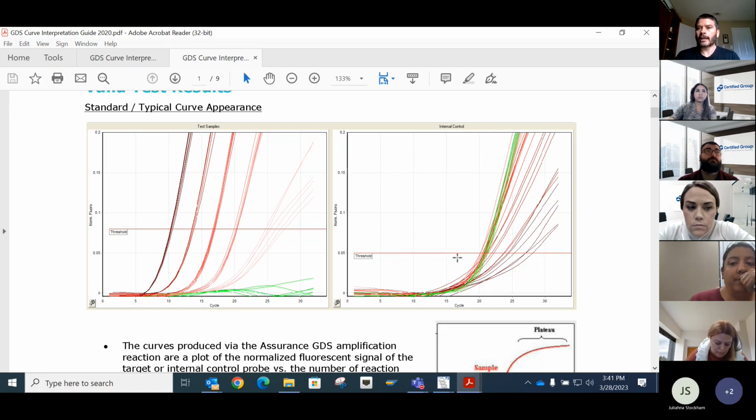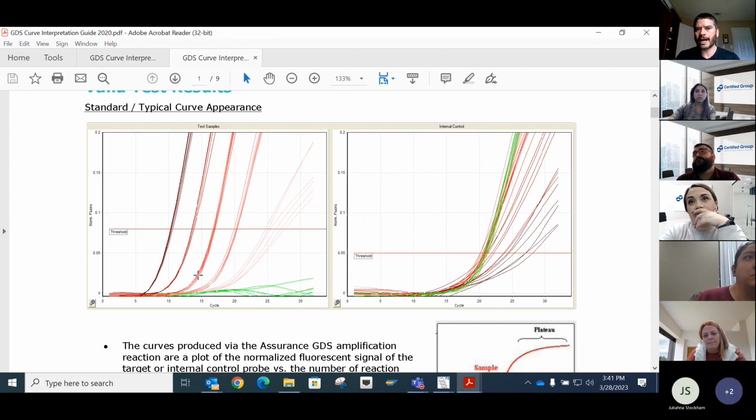There is a threshold line, but the main thing to remember is that negative controls are a little bit different: internal controls are there to validate negative samples. If the target line for an individual sample stays below the threshold line, the internal control for that corresponding sample must cross the threshold to be a valid result.